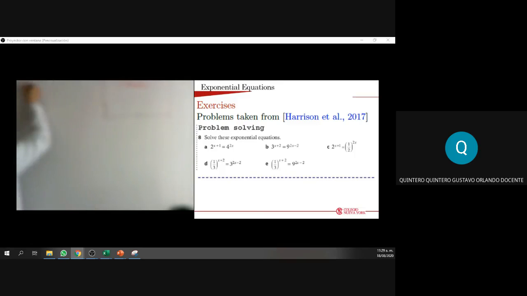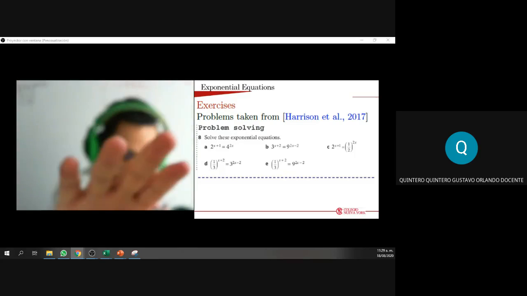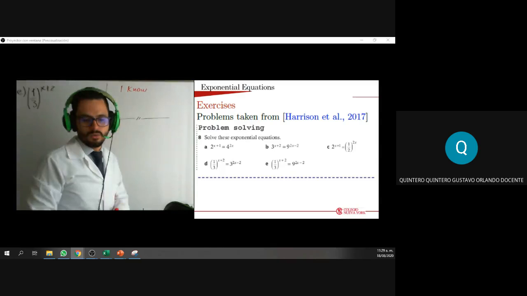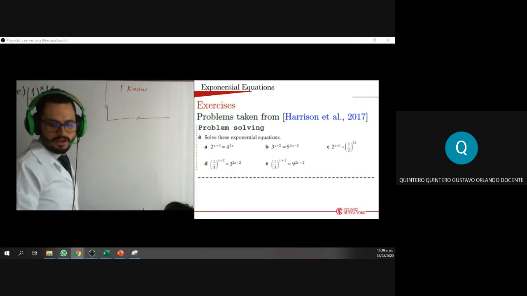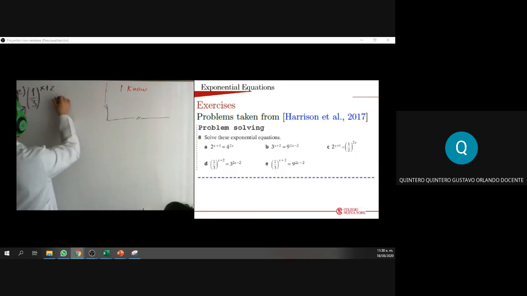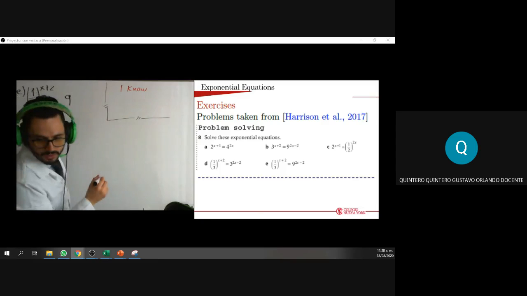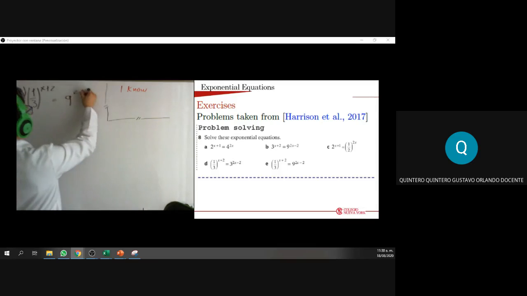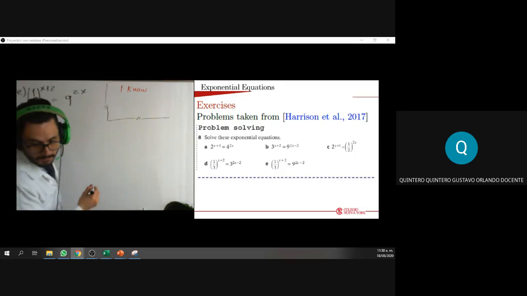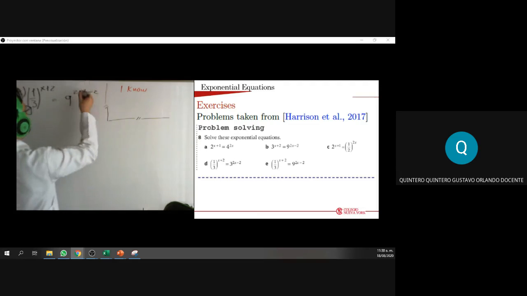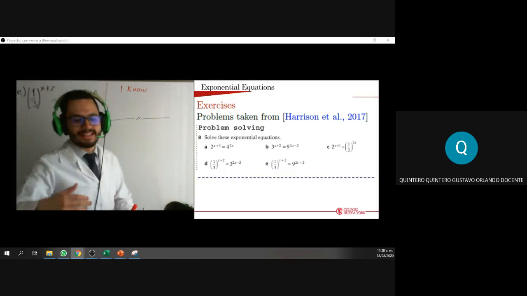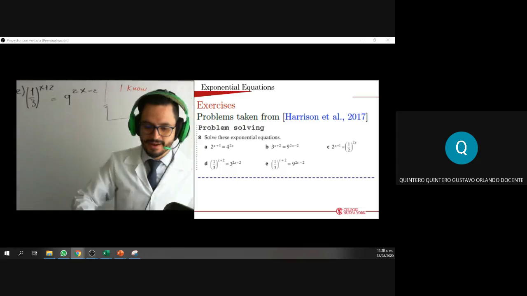It is 1/3 elevated to the x plus 2, equals 9 elevated to the 2x minus 2, like that. Take a look at question E, guys. It is right there in the exercises.